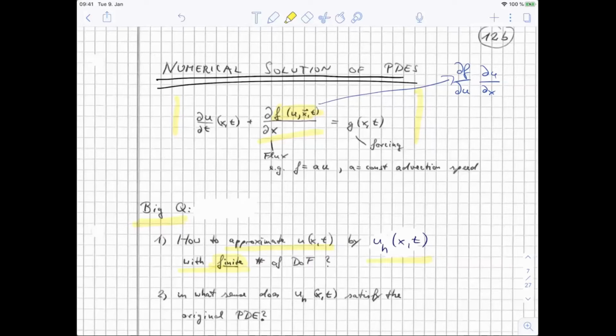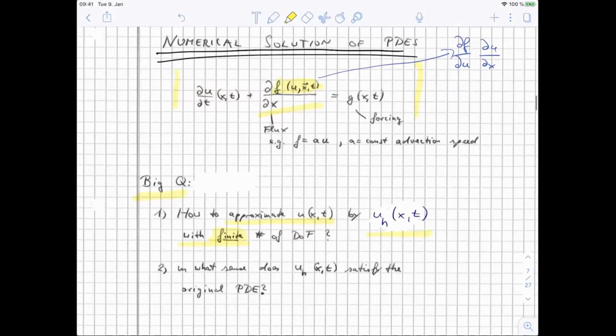There are many different choices how to do this approximation, and this basically is one of the dividing lines for the different methods I'm going to discuss later in this lecture. Second, now that we have some approximate solution with a finite number of degrees of freedom, u_h of x and t, in what sense does this approximation still satisfy the original PDE?